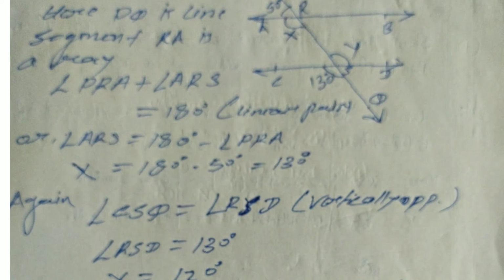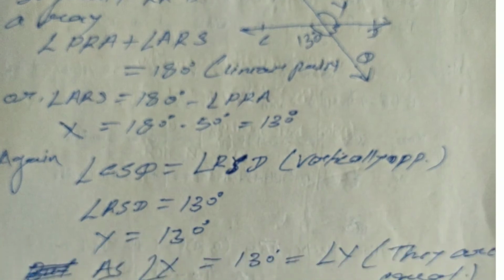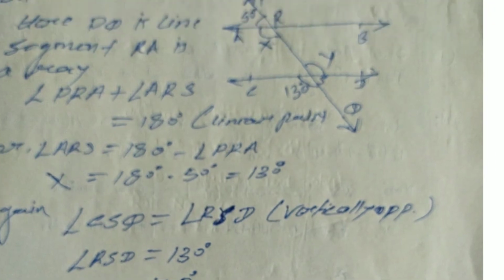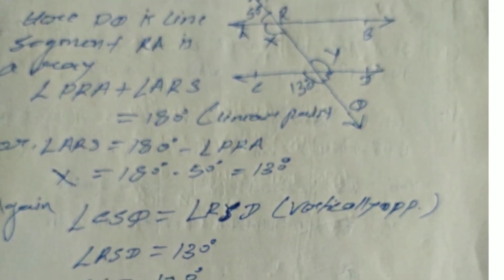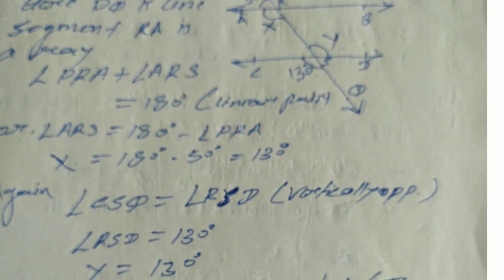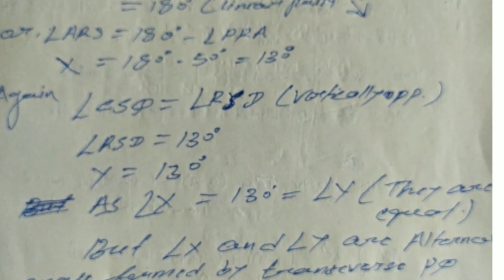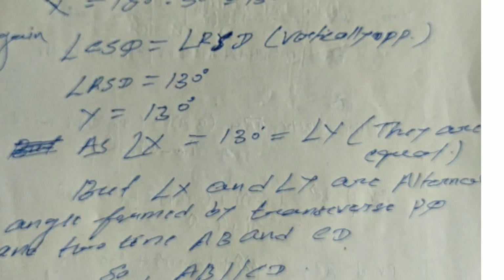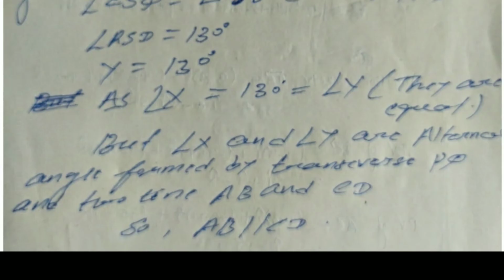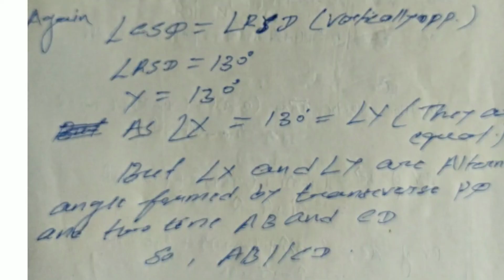Again, angle CSQ equals angle RSD, vertically opposite angles, so RSD equals 130 degrees, or y equals 130 degrees. As x equals 130 degrees equals y, they are equal, but angles x and y are alternate angles formed by the transversal PQ and the two lines AB and CD. So AB is parallel to CD.